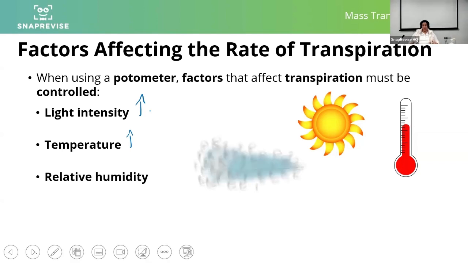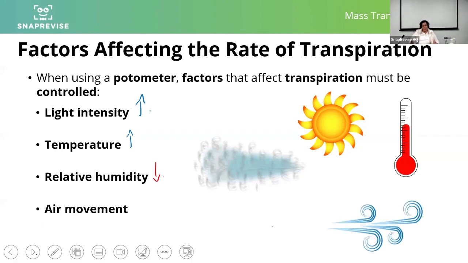The effect of relative humidity, so basically the humidity just outside the leaves. The higher the humidity, the lower my transpiration rate. Why? Because there's not going to be as big a gradient of water vapor between the inside of the leaf, the spongy mesophyll spaces, and the outside. So the lower the gradient, the slower the diffusion of water vapor out of the leaf.